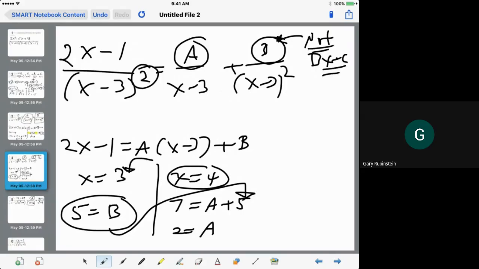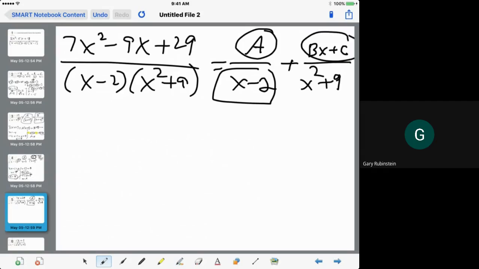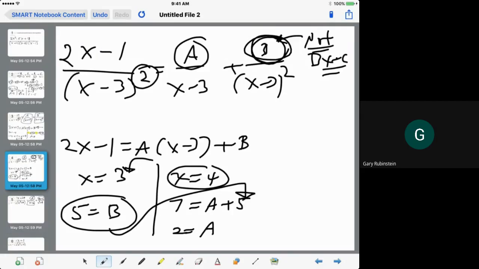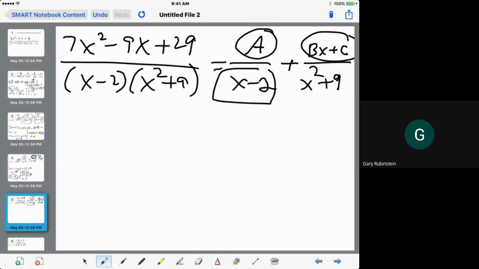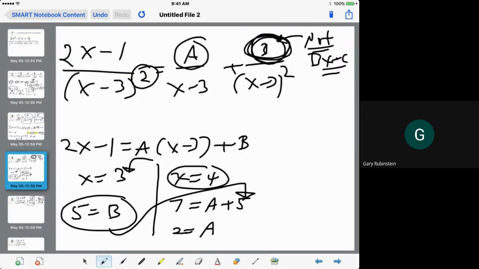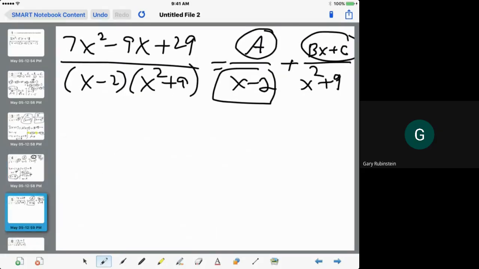This one just gets a b here. And this kind gets a bx plus c there. I just see often people on like test number 6 accidentally put a bx plus c here because they get confused with this other one. Or they accidentally put a b here. This is the kind with the b. This is the kind with the bx plus c.